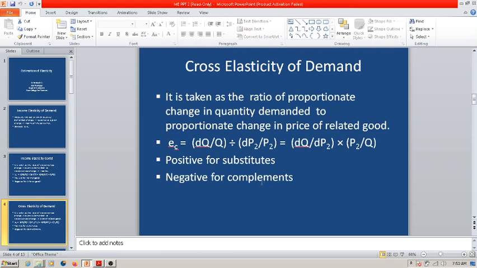They will be moving in opposite directions, and as a result, cross elasticity turns out to be a negative value. So if the goods are substitutes, then cross elasticity will be positive simply because the variables move in the same direction. In the case of complements, cross elasticity is negative because the variables move in opposite directions.